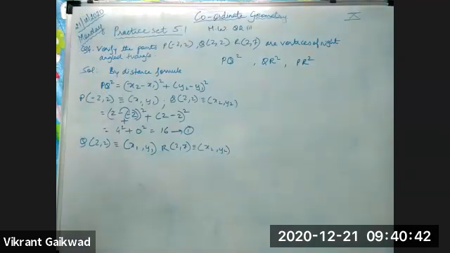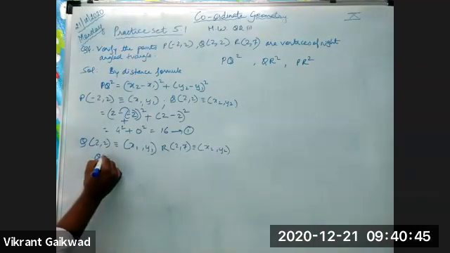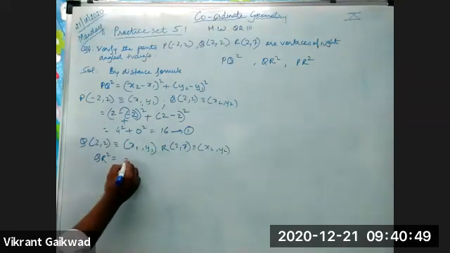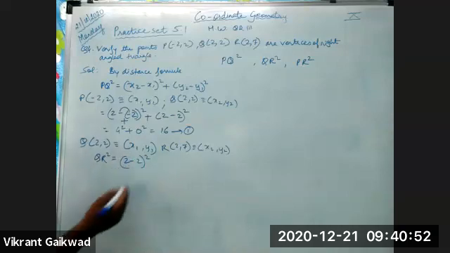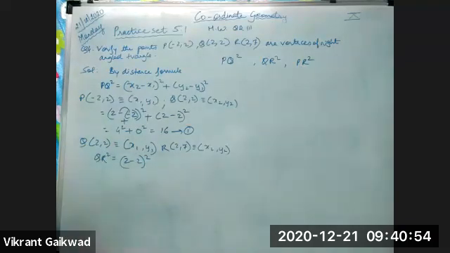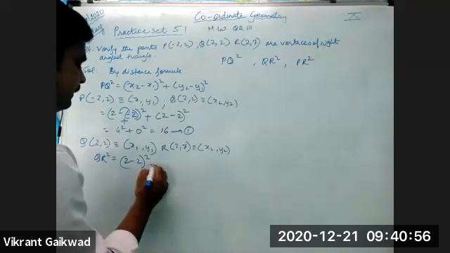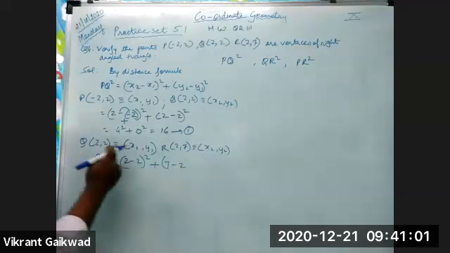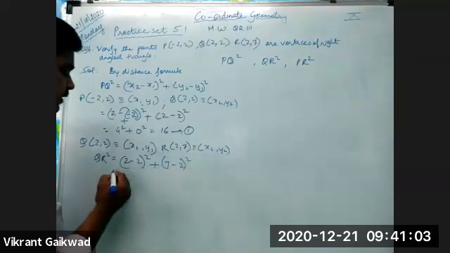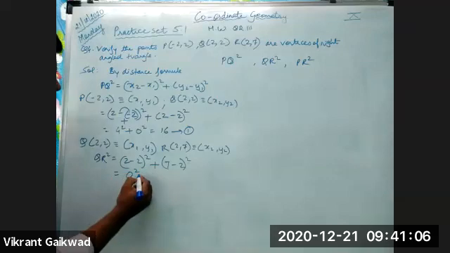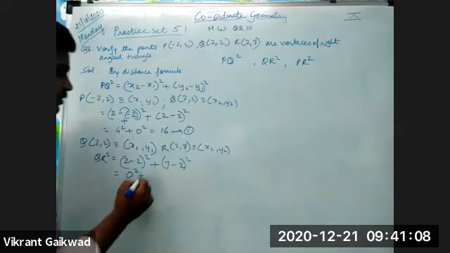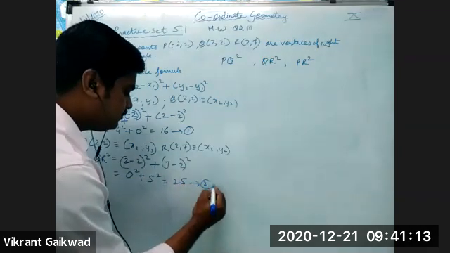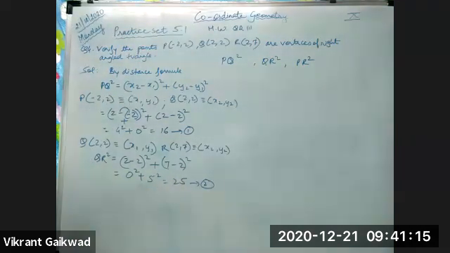So again by applying the distance formula, QR square equals to x2 is 2 minus 2 the whole square, x1 is 2. So 2 minus 2 the whole square plus y2 is 7, y1 is 2. So 7 minus 2 the whole square, 2 minus 2 is 0. So 0 square plus 7 minus 2 is 5 square. So answer is 25. 5 square is 25.